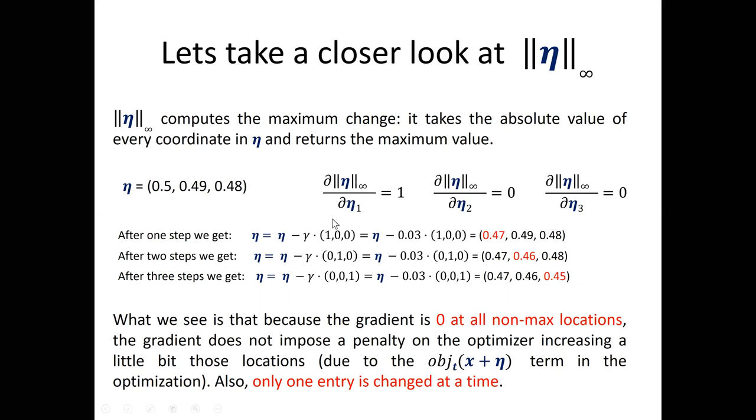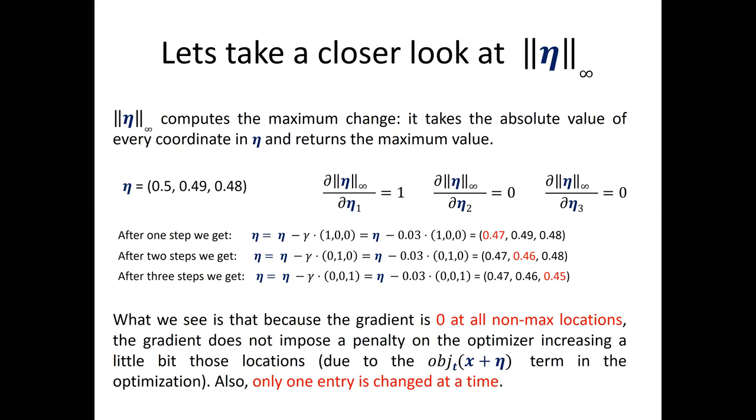You can see that the gradient in the first dimension is going to be 1, because an infinitesimally small change would increase the value of the max function by that amount. So it's 1. While for the other dimensions, the gradient will be 0, and this is because a very tiny change to these dimensions would not change the max result of the function.